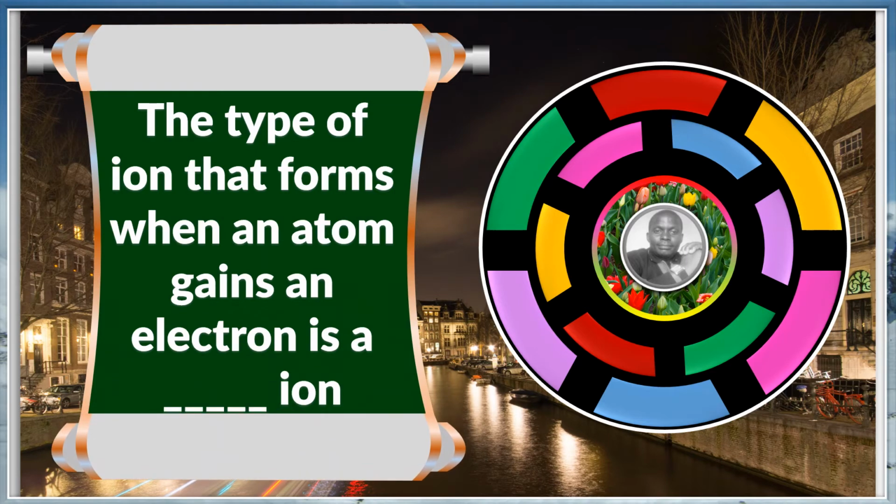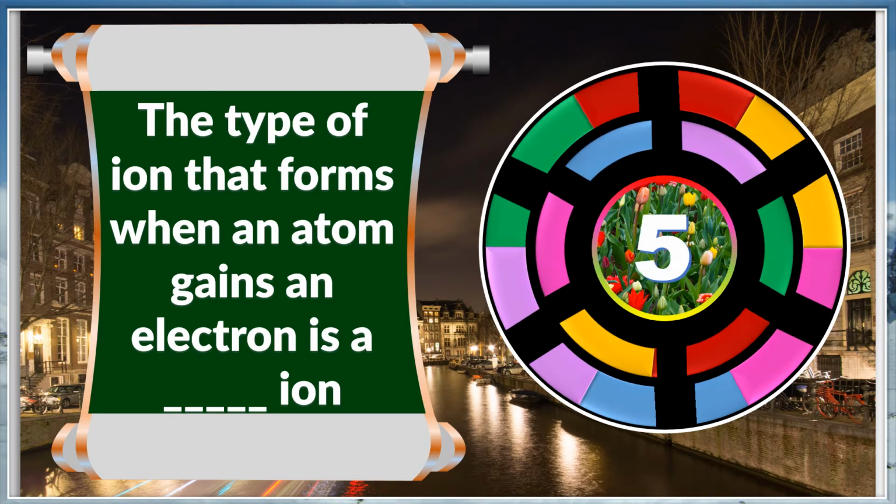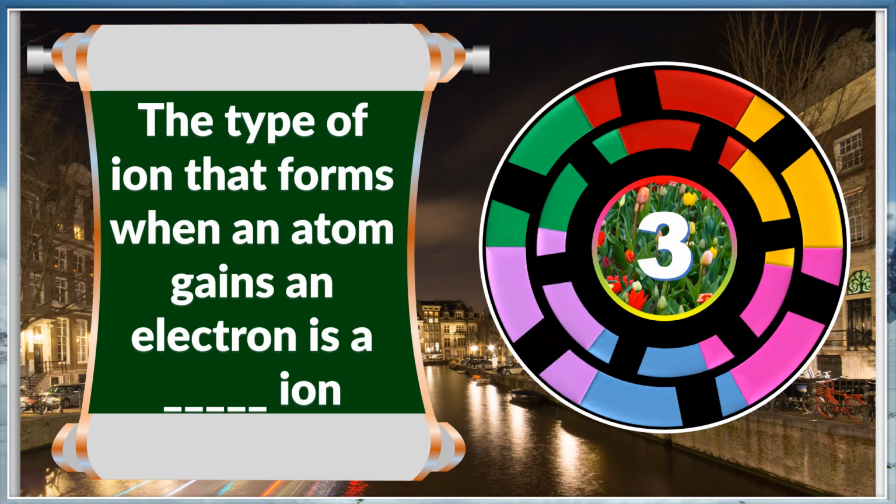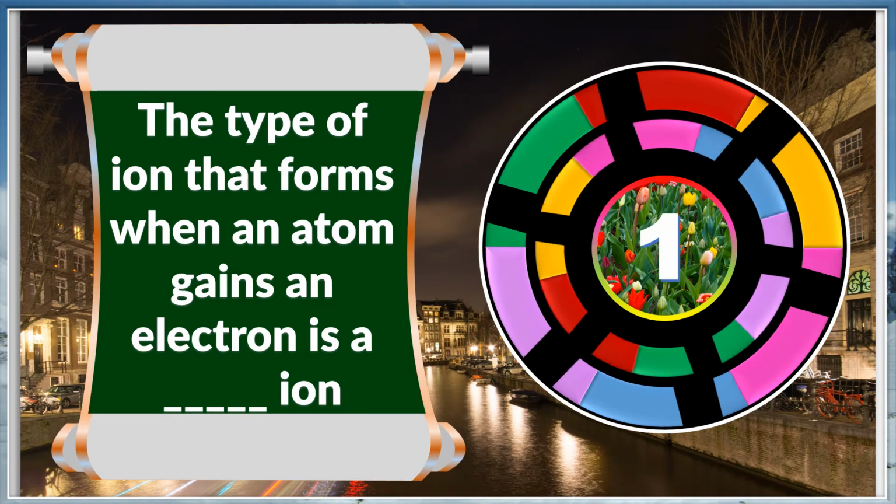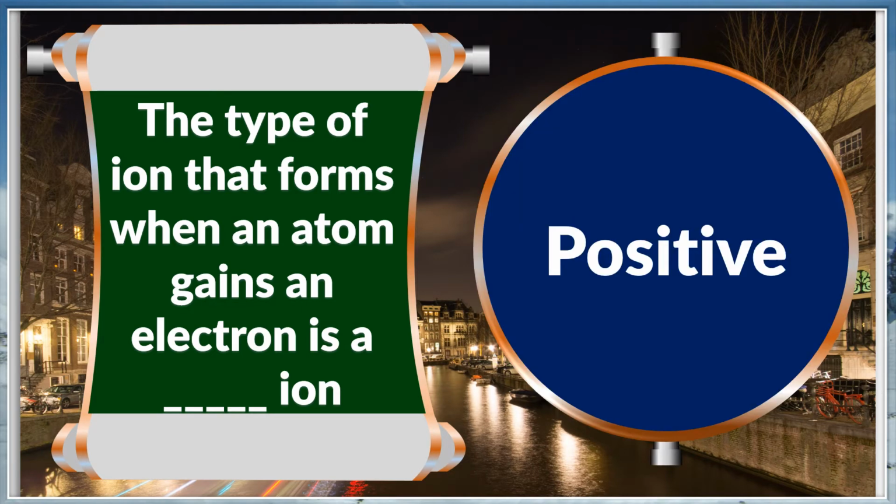The type of ions that forms when an atom gains an electron is dash ion. Positive.